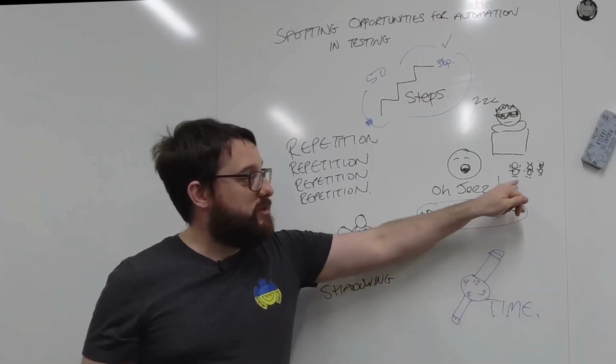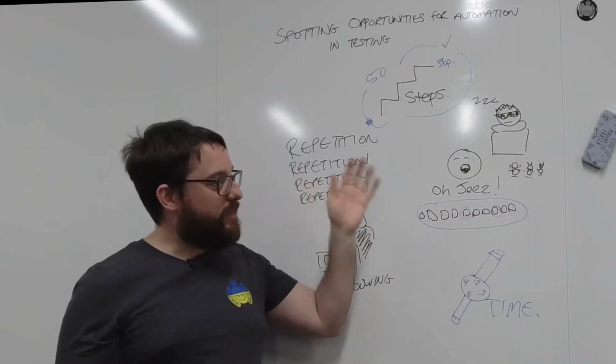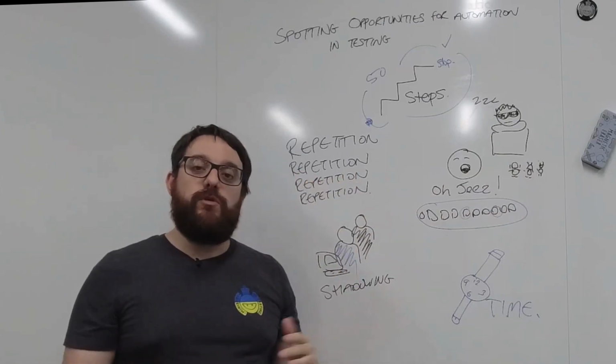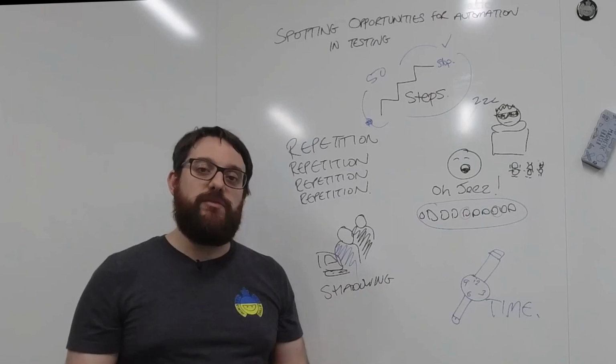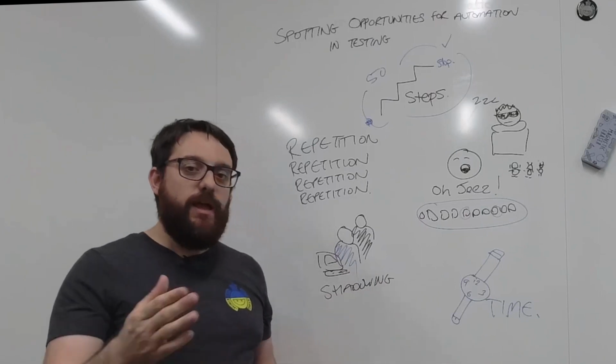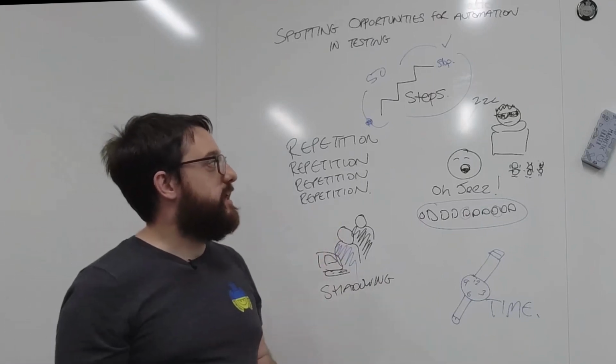And also, these little robots are much quicker than I am. They can go away and they can run as fast as they can, get that rapid feedback back to the team. And that ties in nicely with all these things that I've listed here.